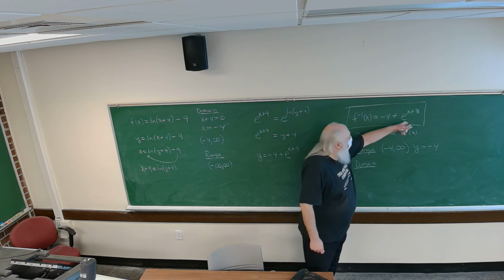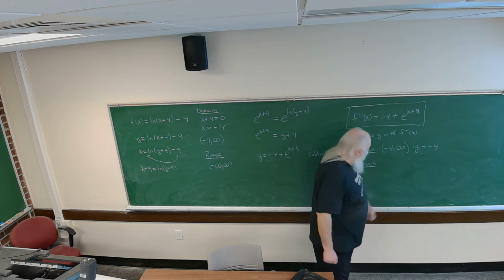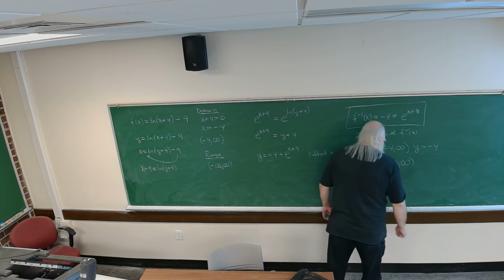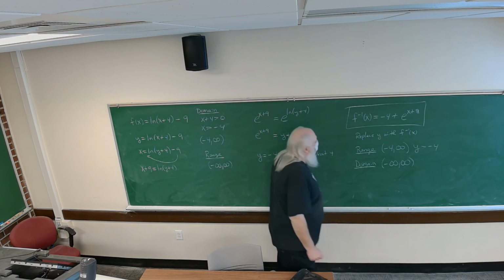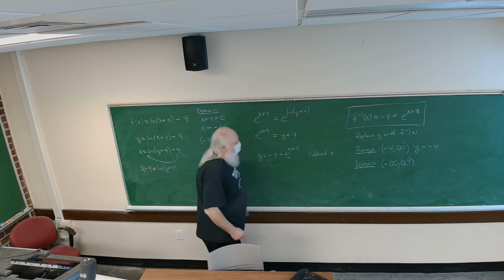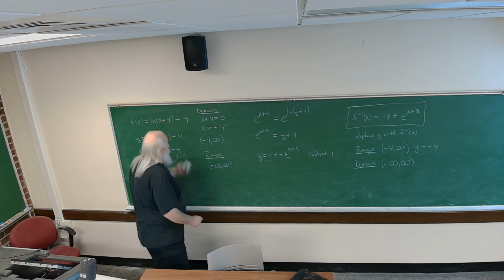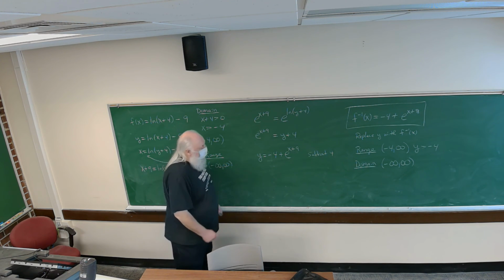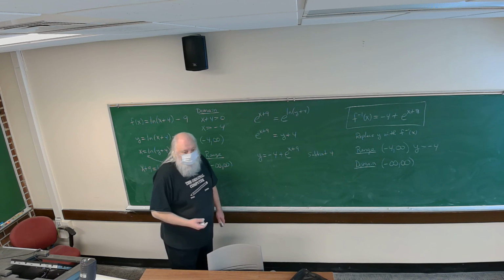Or you can argue that the domain for the natural exponential function is minus infinity to infinity. And that's what this domain is. Either way, the range of f of x and the domain of f inverse of x is all real numbers.